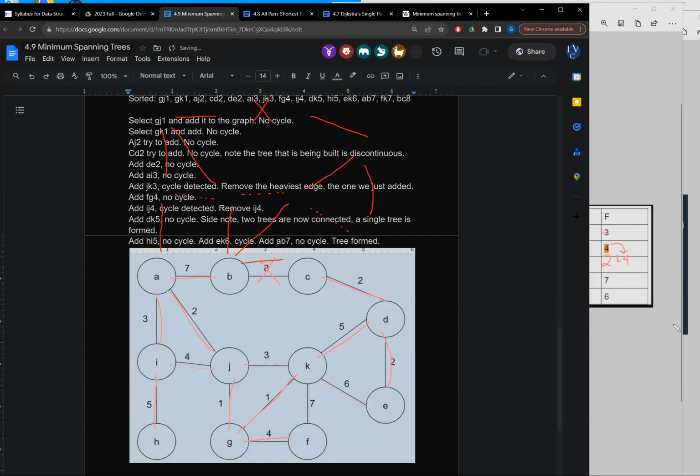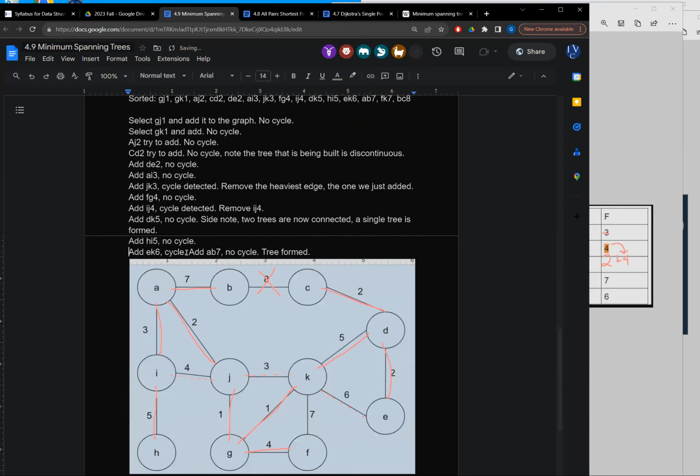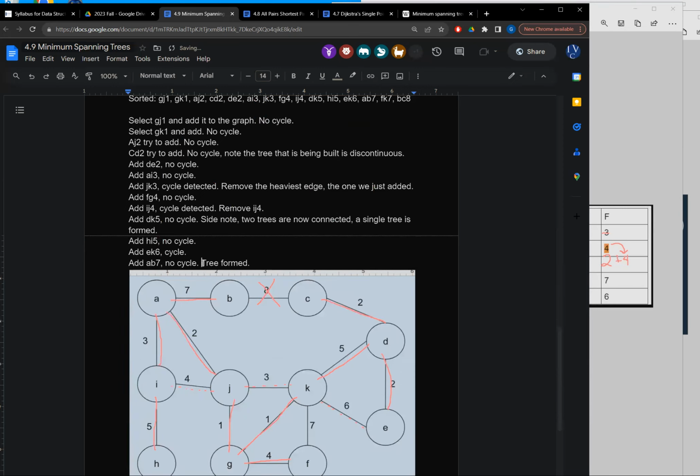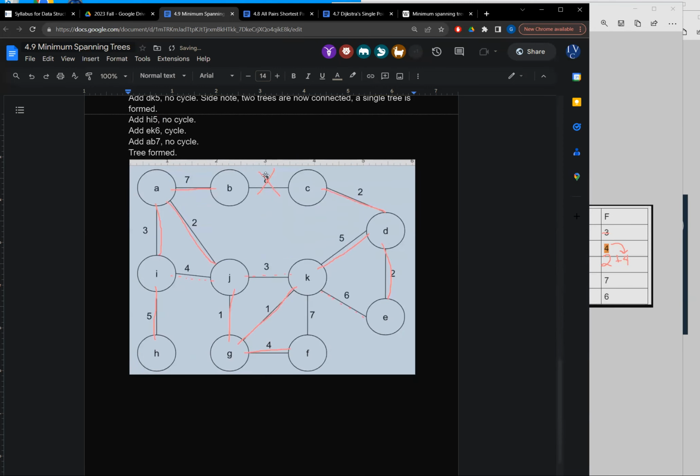All right, so once B is added to the tree, every vertex is in the tree at that point, which means any edges not yet considered are guaranteed to make a cycle and are the ones that will be guaranteed to be removed because of the sorting step.